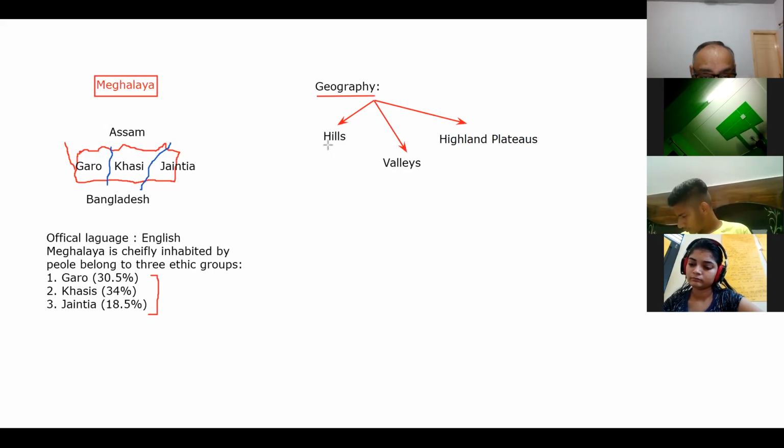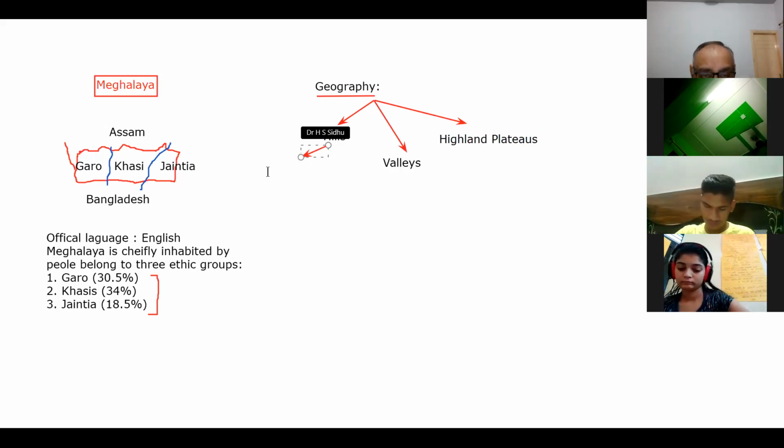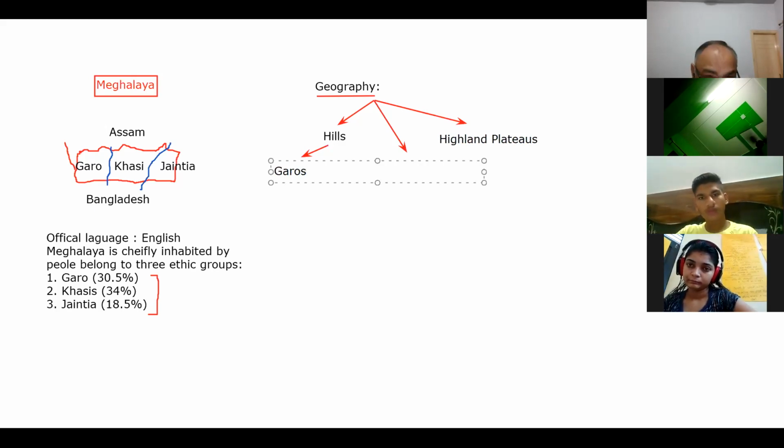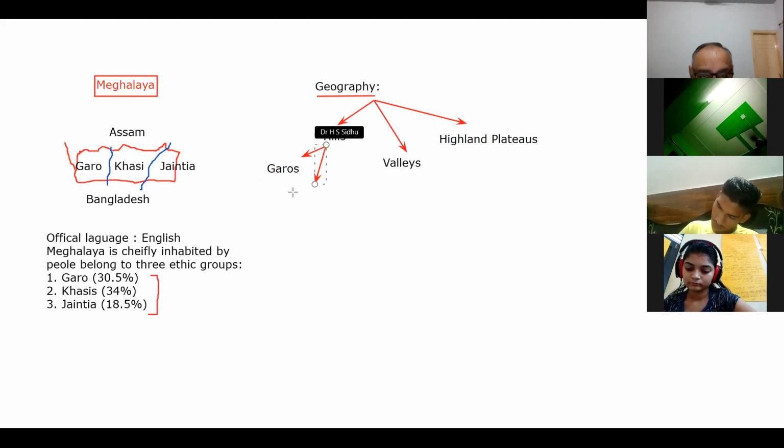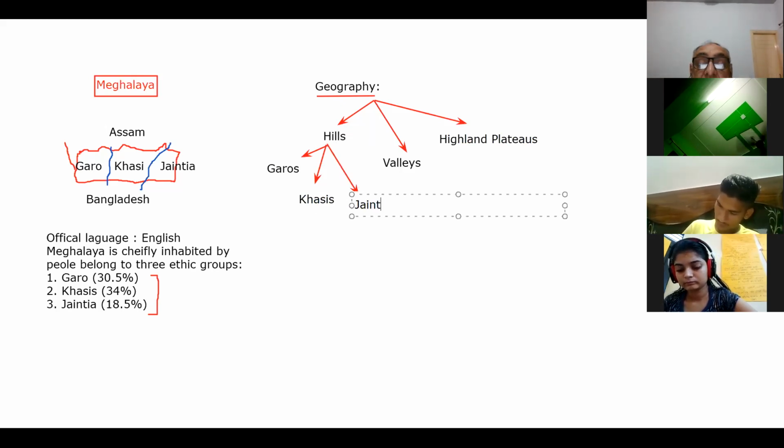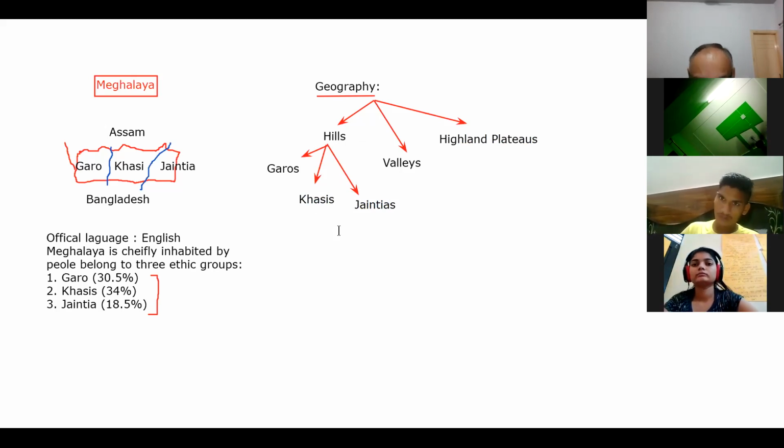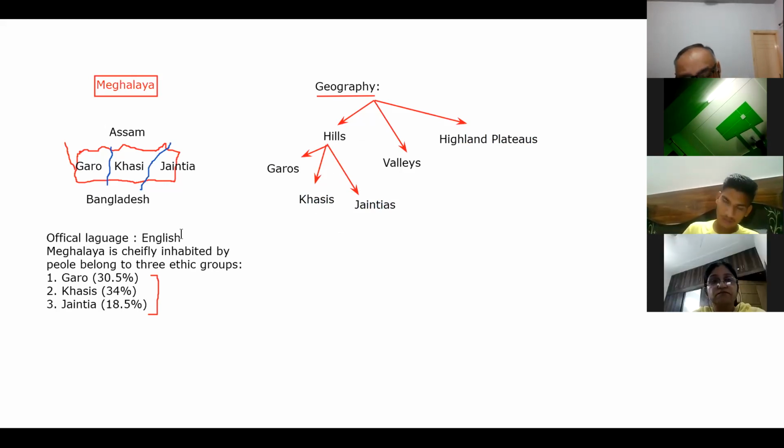If we talk about the hills, there are three broad hill ranges: the Garos, the Khasis, and the Jaintias.